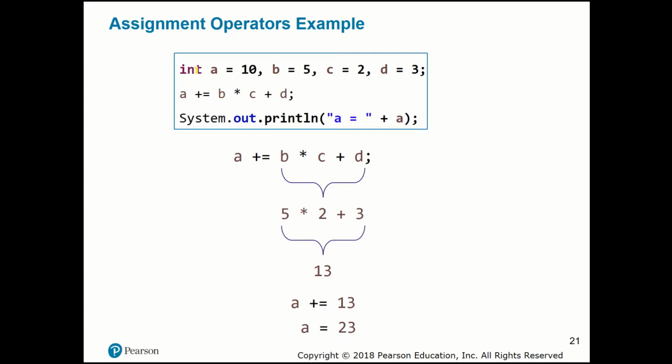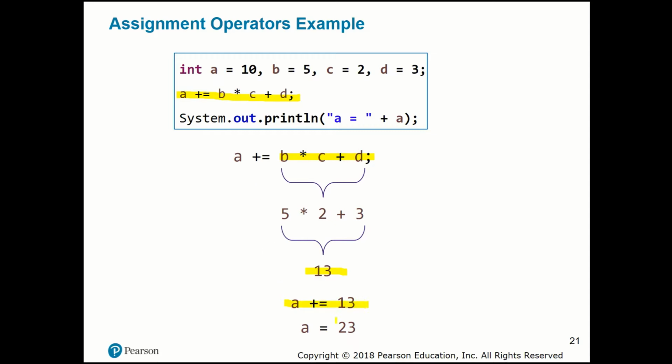Here we have integer values a, b, c, and d, and I want to evaluate this. Even if the right side of the expression is complicated, we must finish the evaluation of the right side. So here we must evaluate this first. So it becomes 5 times 2 plus 3, which is 13. So we can simplify the expression like this.